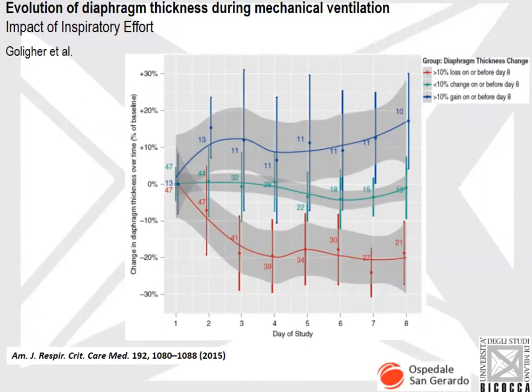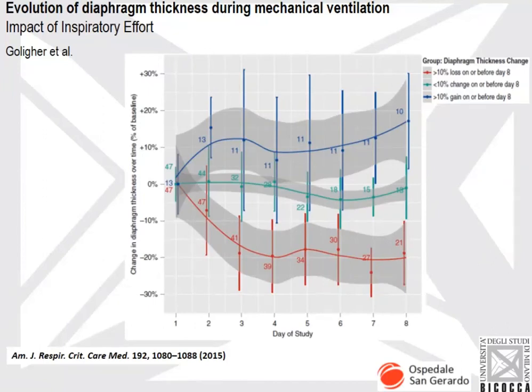And he has shown that if the thickness of the diaphragm stays constant over the duration of the ICU days, these patients in green do much better in terms of clinical outcome than these patients in red, in whom the diaphragm starts to lose mass and become thinner and thinner.